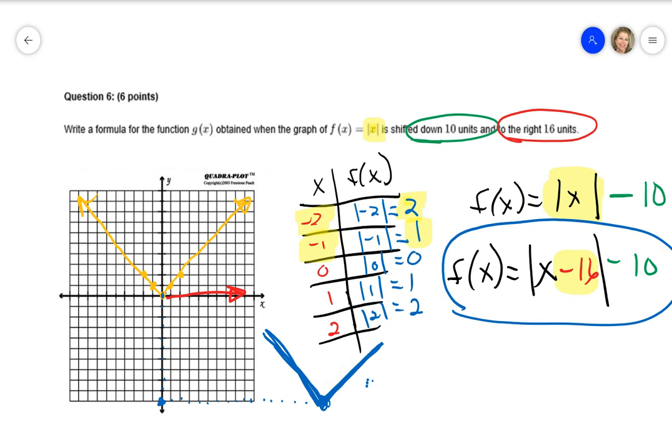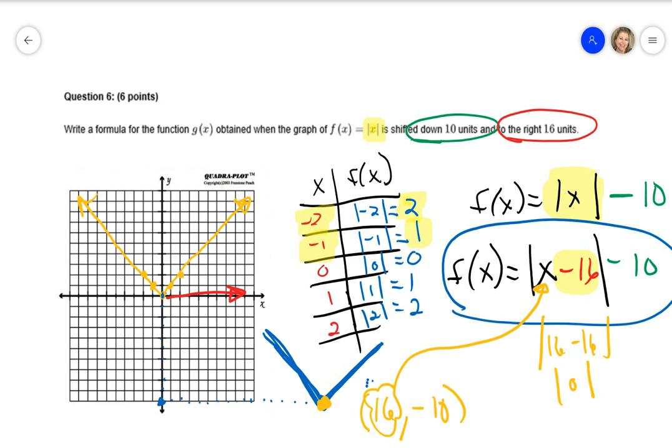Just to prove it to you, this point right here has the coordinates x was 16 and y is -10, and if you take this 16 and stick it right in here, 16 minus 16 is 0.